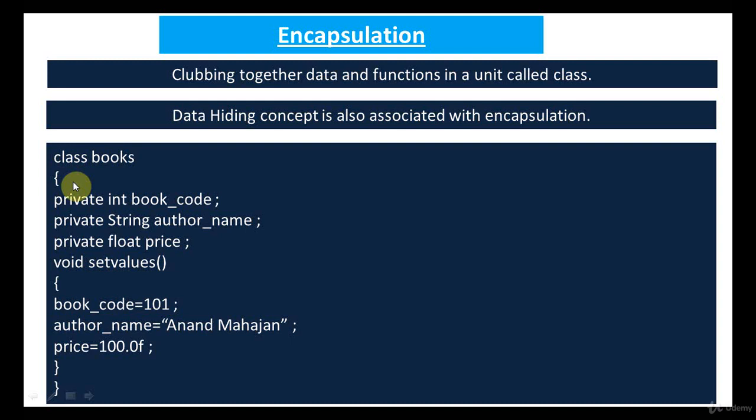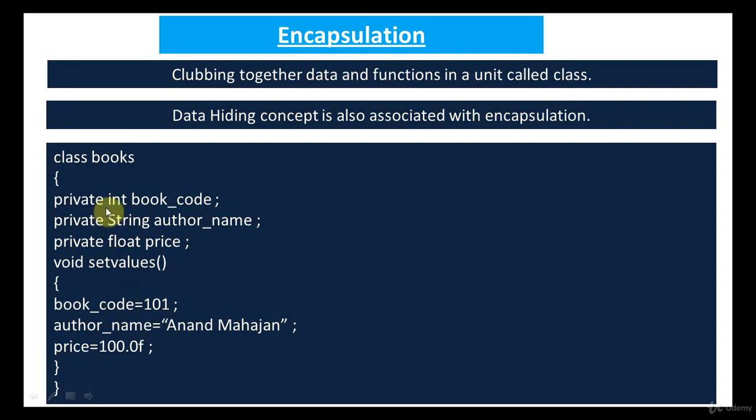This is your class Books, and in this class I have got this member data: book code, author name and price, int, string, float. These are the data types, and I have got one single method with the name setValues.